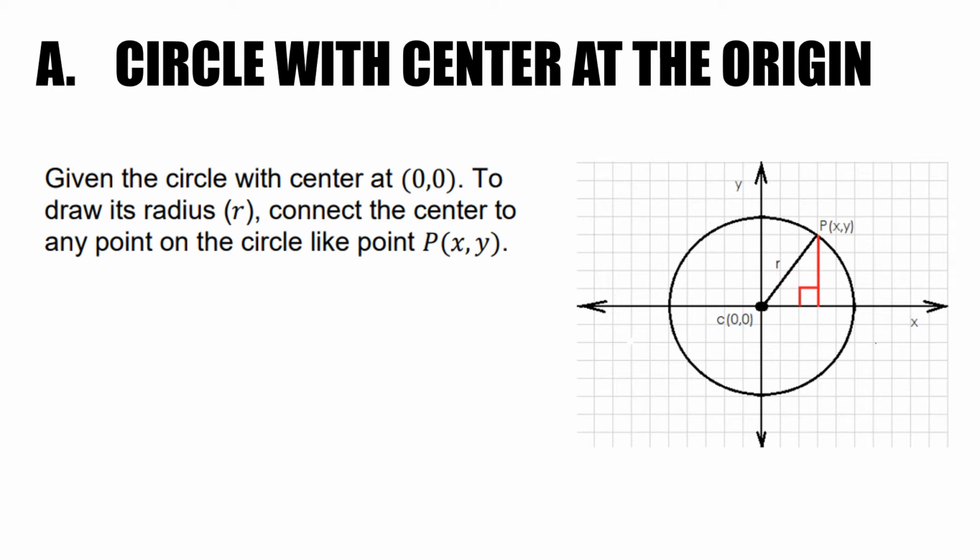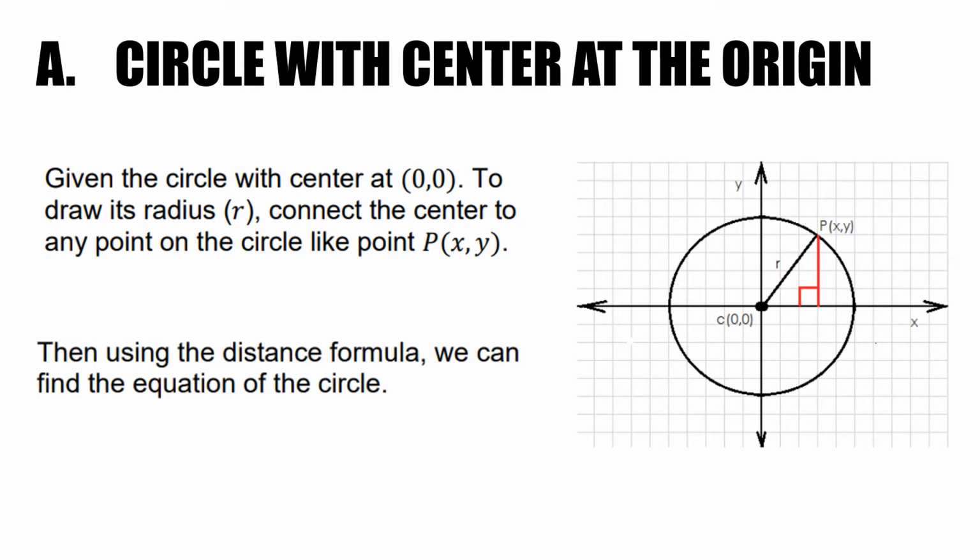Okay, radius r, connecting the center to any point on the circle like point x, y. So this time, we are not given exact coordinates of the point on the circle, but we have the origin which is 0, 0. Okay. Now, then using the distance formula, we can actually find the equation of the circle.